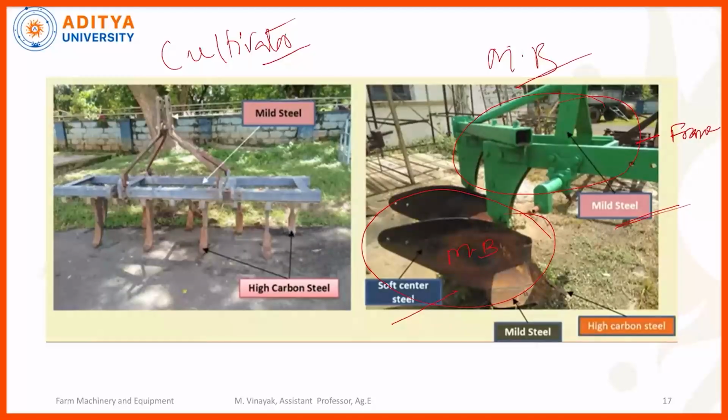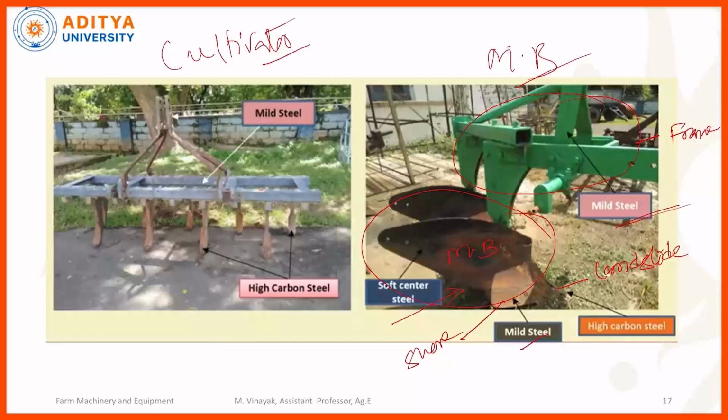This one is the share, which can be constructed with mild steel. This one is the landslide, constructed with high carbon steel.